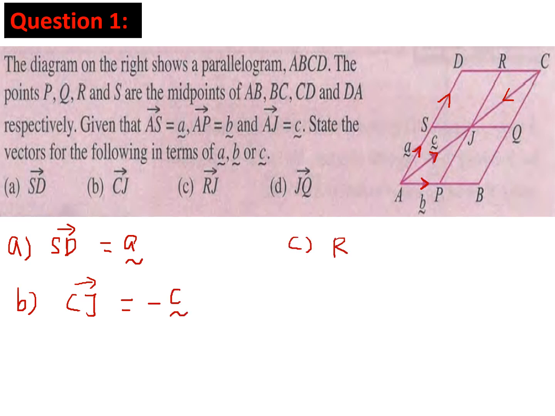C. Vector RJ, showing the direction from R to J, which is opposite direction to vector AS. So vector RJ equals negative vector a. Then D, vector JQ, direction from J to Q, which is the same direction as vector AP. Then vector JQ is vector b.